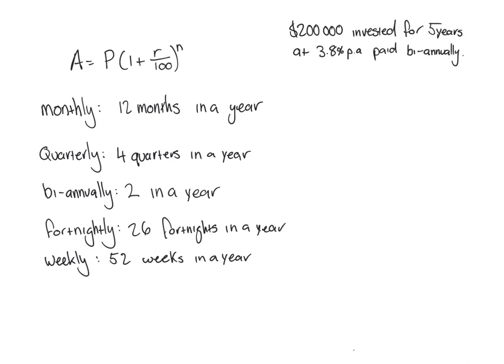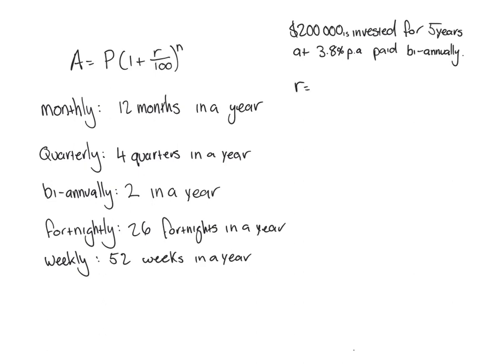So let's have a look at an example where we can actually calculate the total amount that the person will have at the end. $200,000 is invested for 5 years at 3.8% per annum, and it's paid biannually. First, let's figure out what our interest rate needs to be.